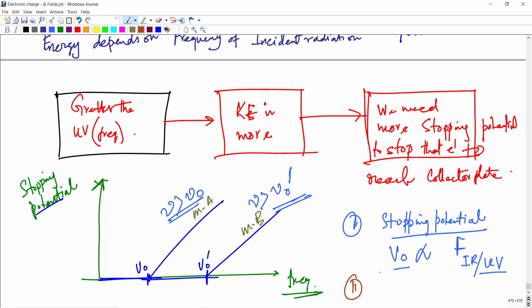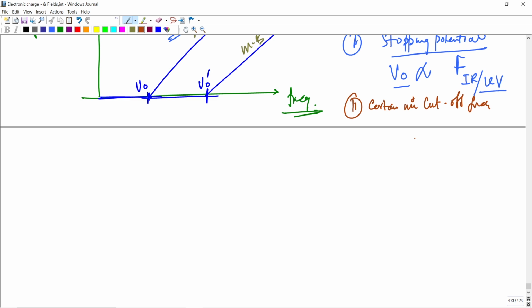Okay, and suppose there is a certain minimum cutoff frequency, and that leads to stopping potential. Now the observation of that graph, the very important observation.